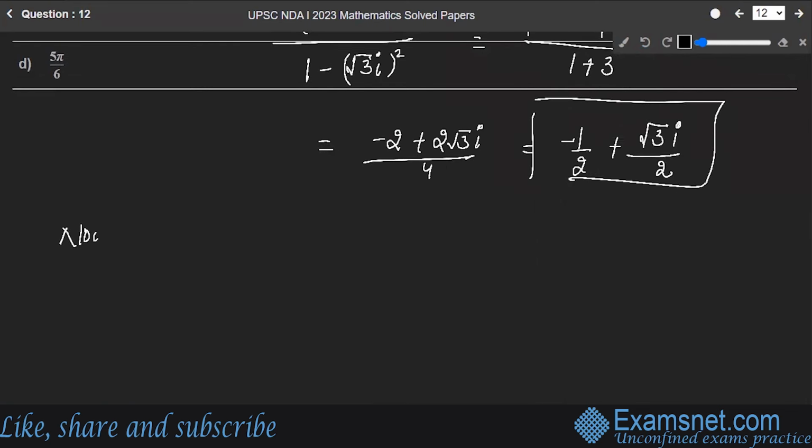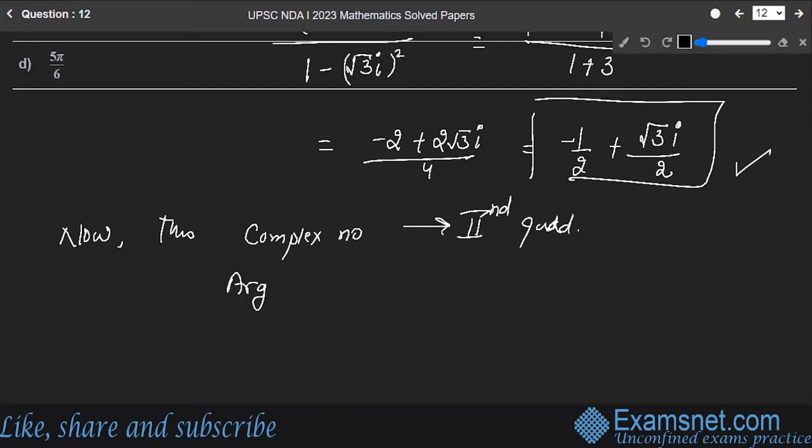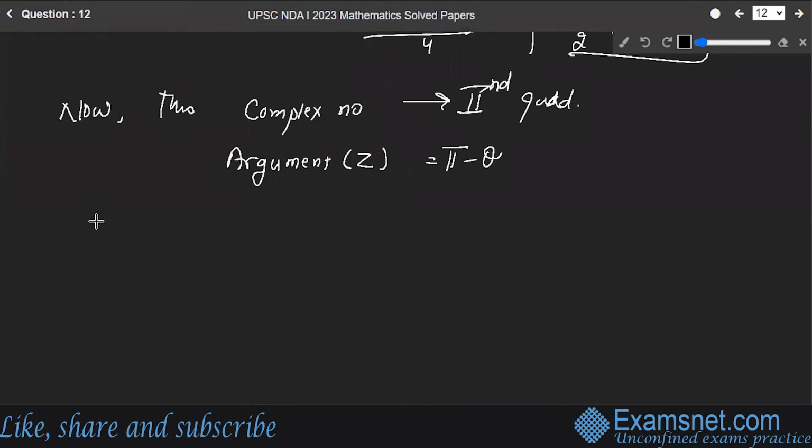Now, this complex number lies in the second quadrant, right? Therefore, argument of z is equal to pi minus theta. So here theta is equal to tan inverse y upon x.